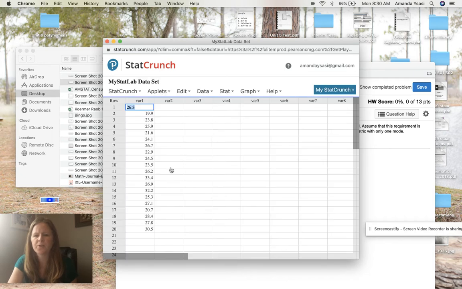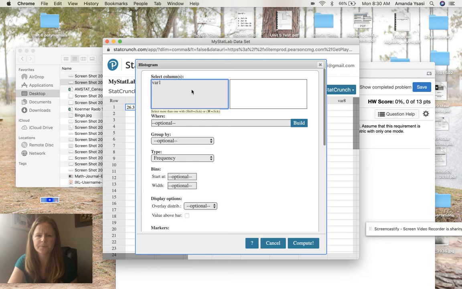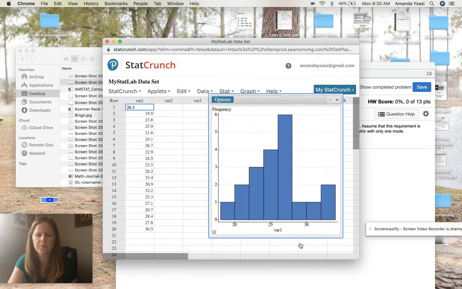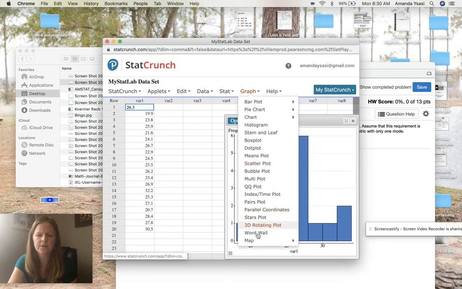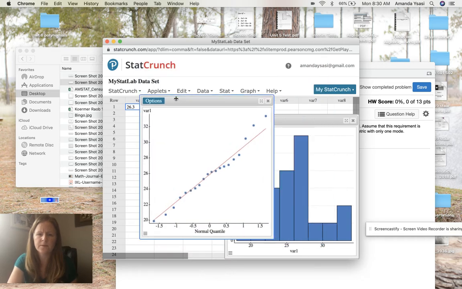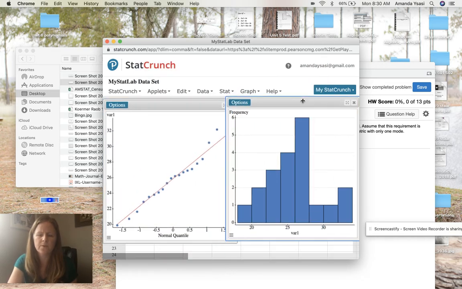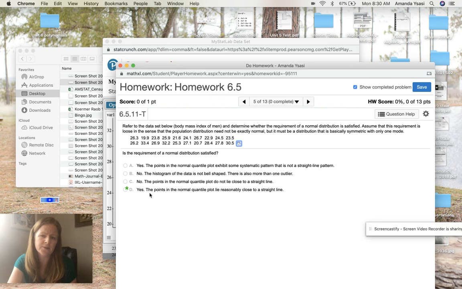Whenever I click show completed problem, it sometimes changes it. Compute. All right. And then do the QQ. All right. So it is skewed a little bit, but this follows a straight line pattern. So yes, the points in the normal QQ plot are reasonably close to a straight line.